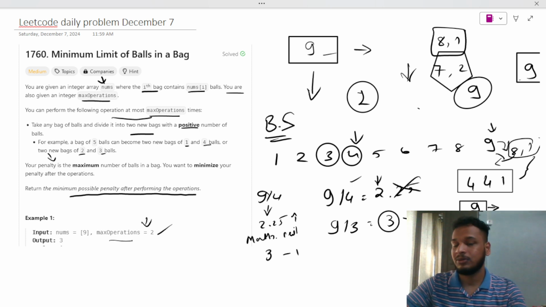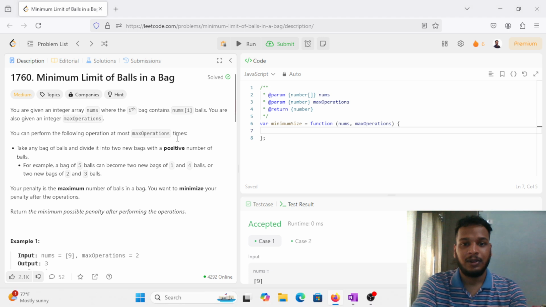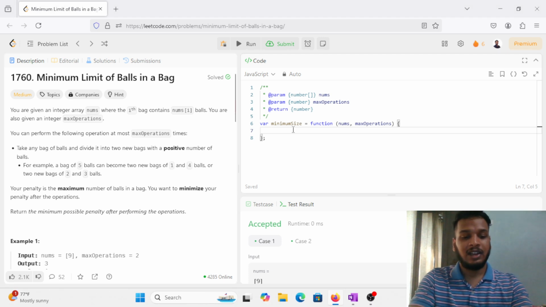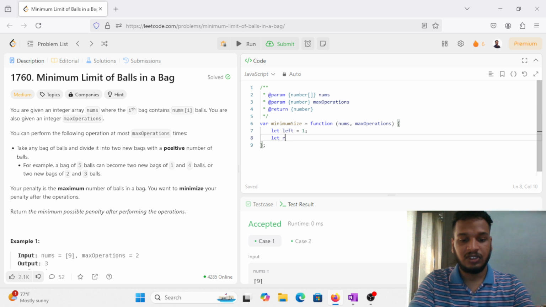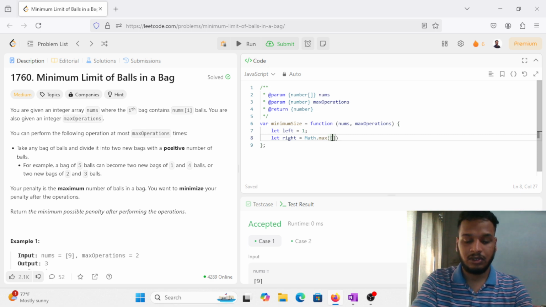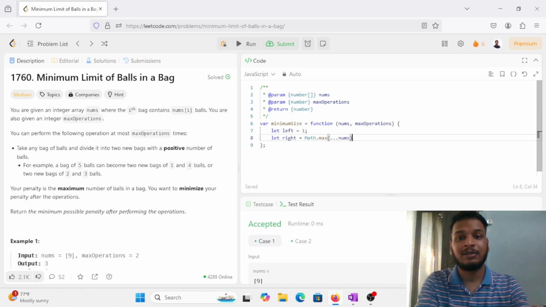Let's code this now. Coding time. Let left be equal to 1, I have to start from 1. Let right be equal to Math.max of nums, I want to get the maximum number of that.